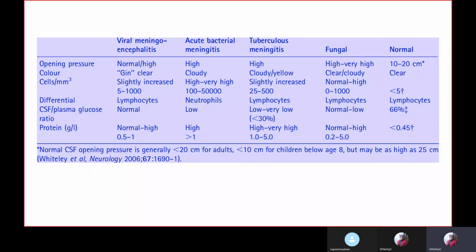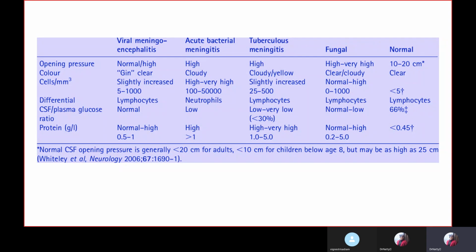Next one is related to cerebrospinal fluid and its features in various infections. You have mainly 3 groups of infections: bacterial, viral and fungal. Then the normal features of cerebrospinal fluid. In cerebrospinal fluid, you have to search for protein and glucose level. In case of a bacterial infection, mainly tuberculosis meningitis, or any acute viral meningitis, you have to search for the presence of glucose and the presence of protein.